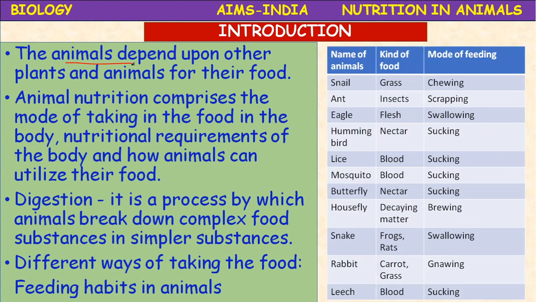one tabular form, given here. So let us discuss different animals, the kind of food, and the mode of feeding or feeding method. Snail is a herbivore and feeds on grass.